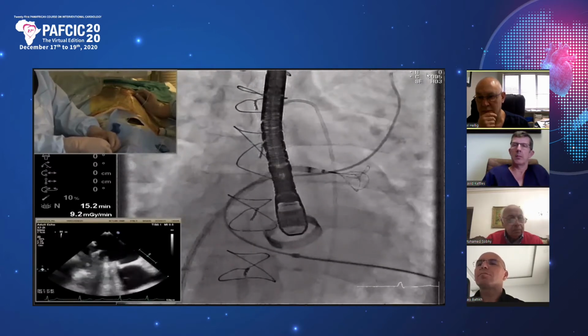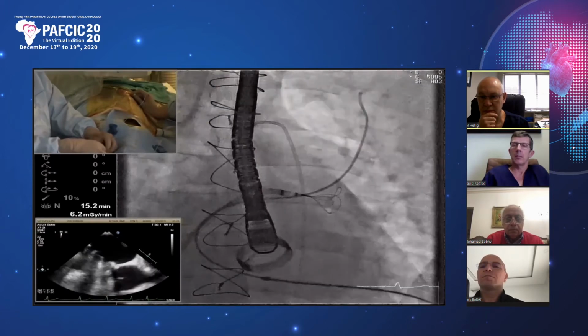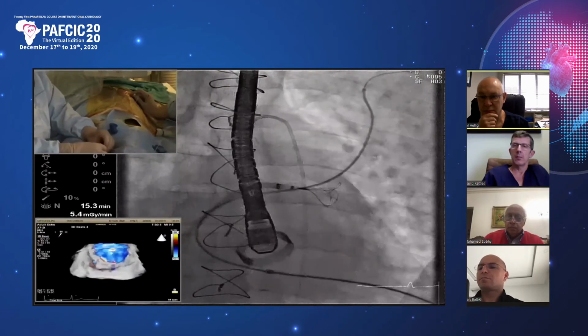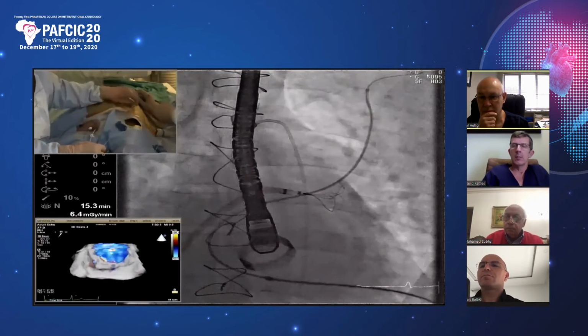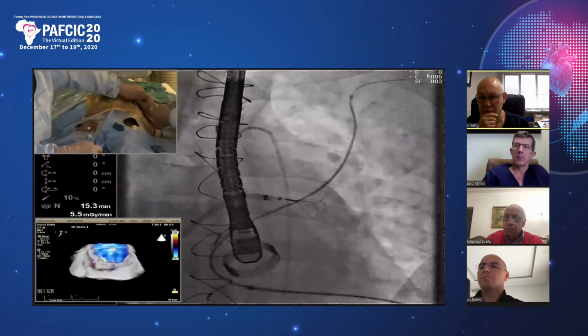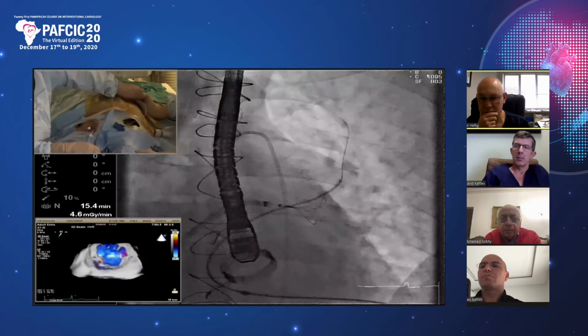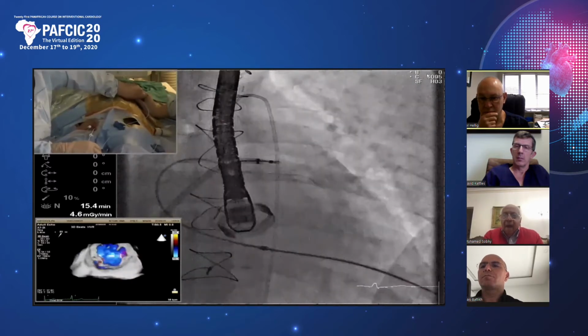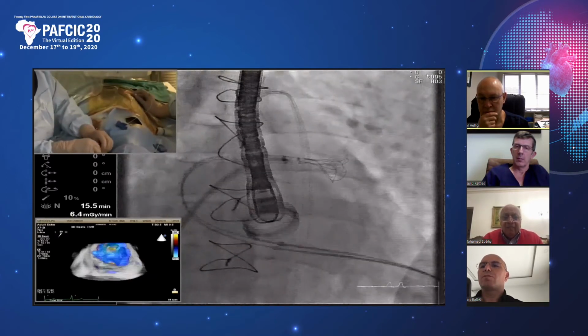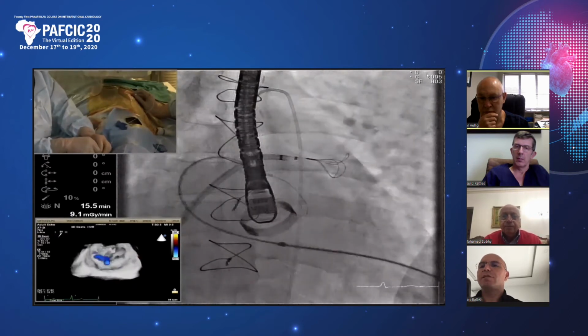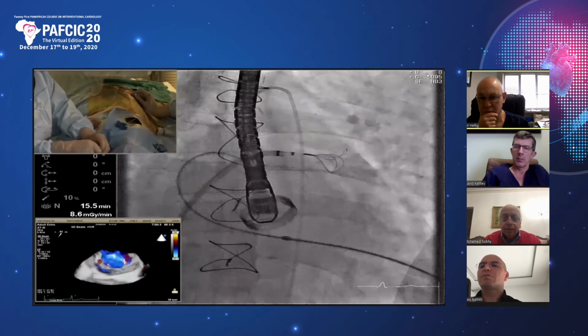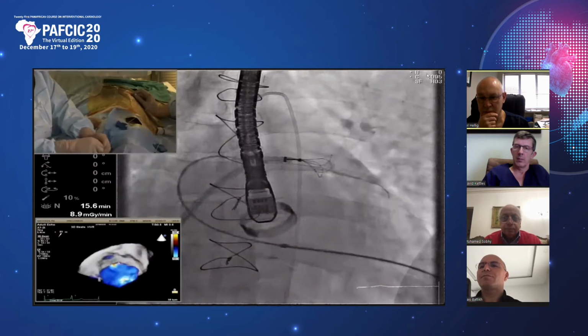The one in the vein. Yeah. So there's the Terumo wire. I'll pull it back, keeping the wire in to come close to the snare. So this is the danger. I need a torque on this wire, please. Yeah, we've got it.